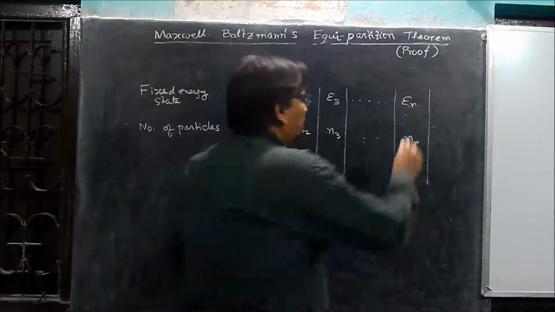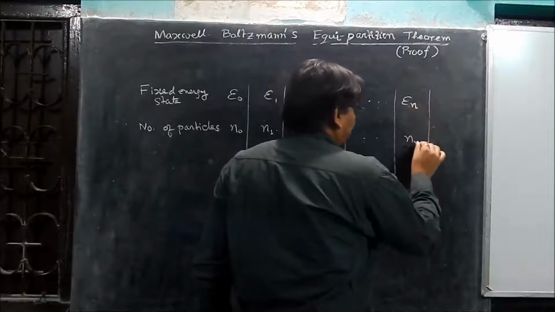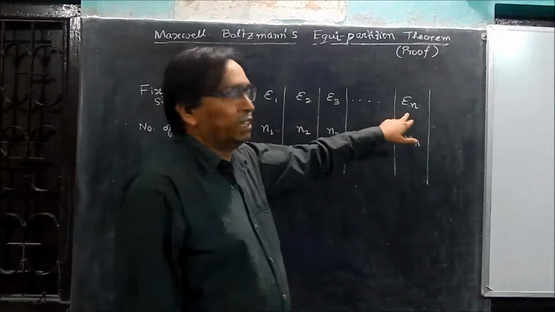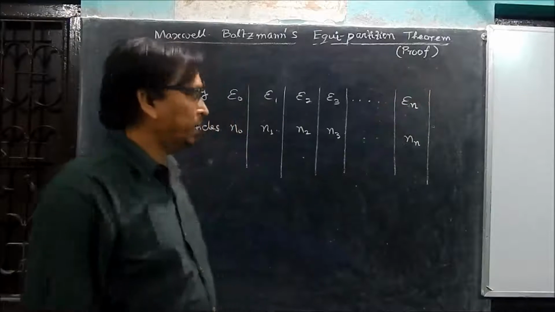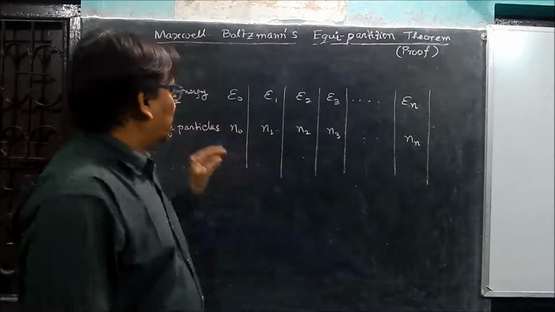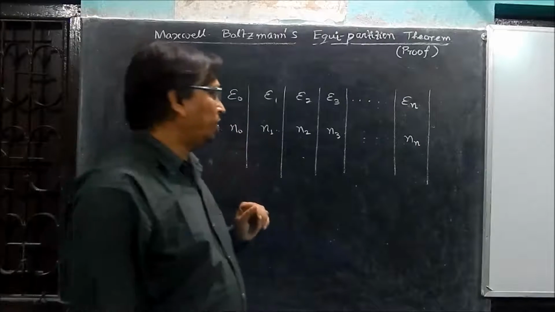Okay, I think n will be more convenient, because nth energy is more convenient for us. So these are the numbers of particles that we can give. Here two things are very important.